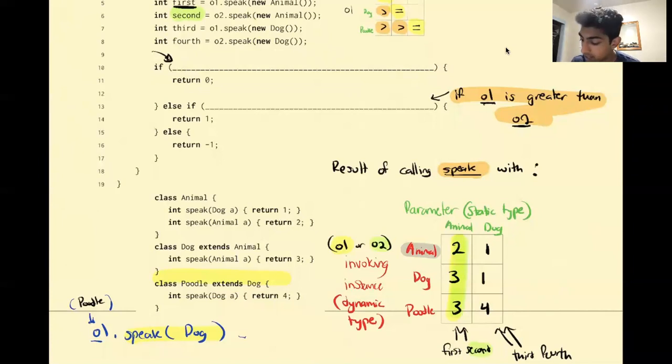So what we can say is that if first is equal to second, it means that this column is equal, and third is equal to fourth, it means that this column for O1 is equal to the value in this column for O2.